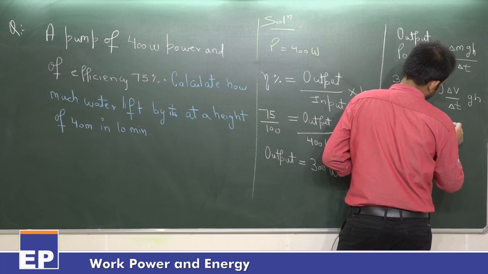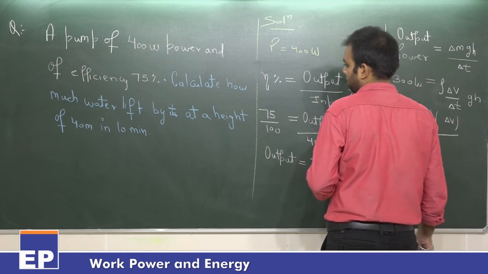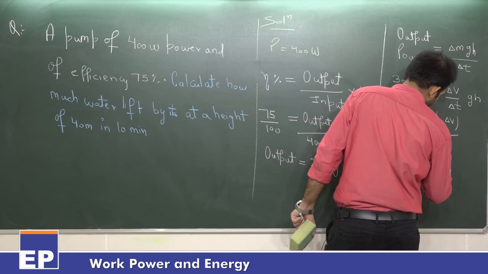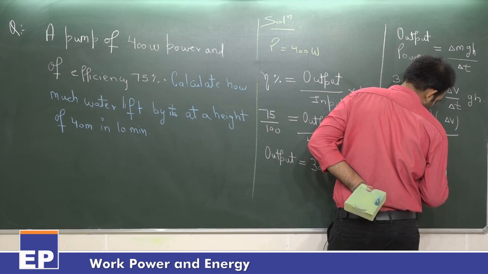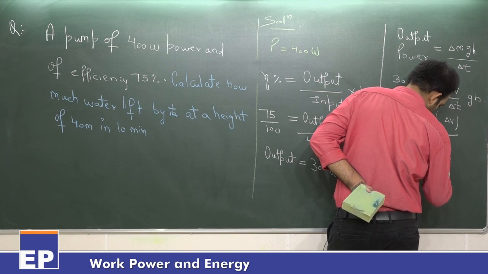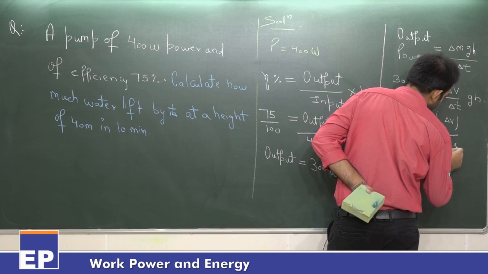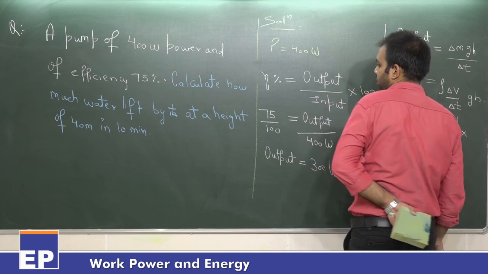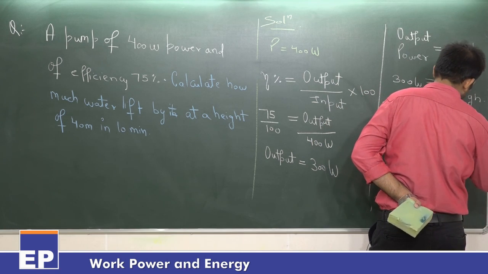Change in volume, and how much is the time taken? 10 minutes, 10 into 60, 600 seconds. G is 10, H is 40. 40 into 10 is 400.